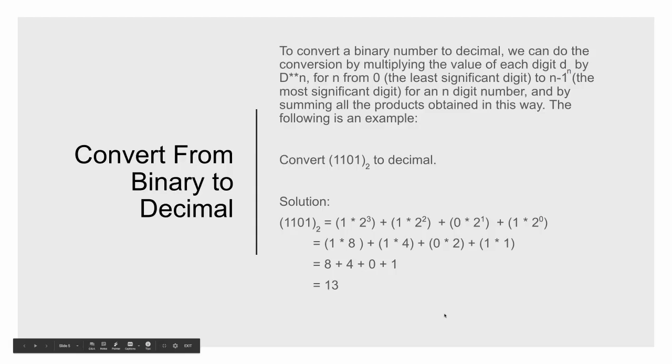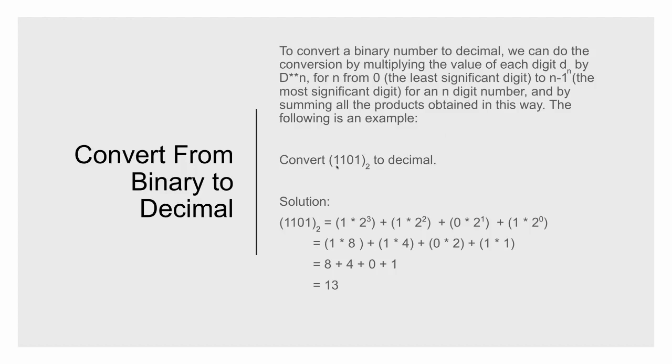So just to wrap up this binary to decimal conversion, we can generalize this process. We can do the conversion by multiplying the value of each digit, n, by d to the nth power for n from 0, the least significant digit, which would be over here, to the most significant digit.